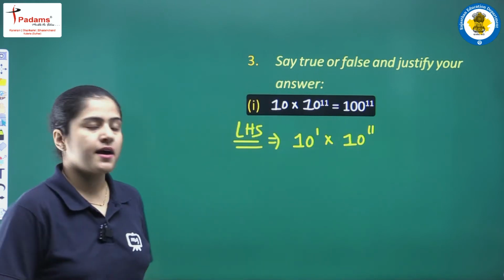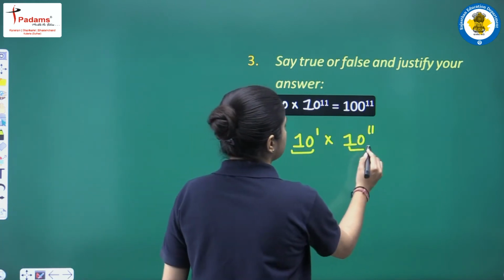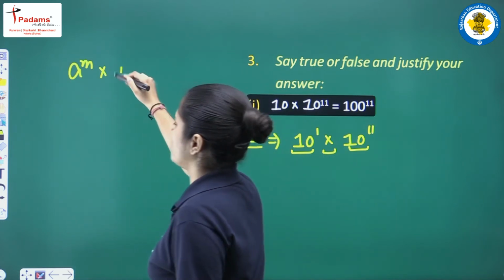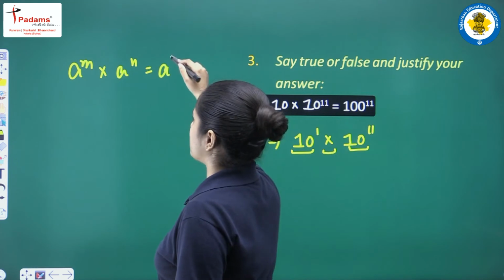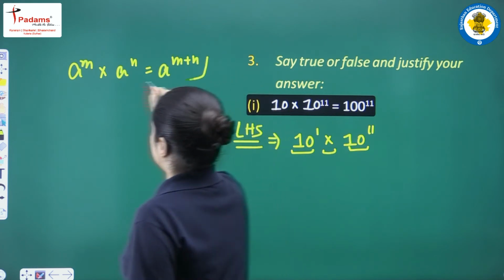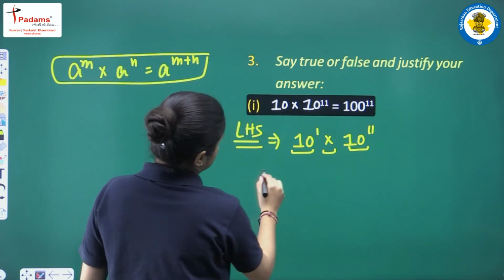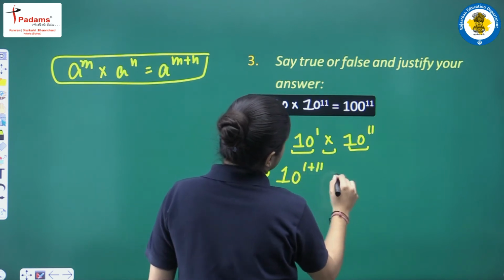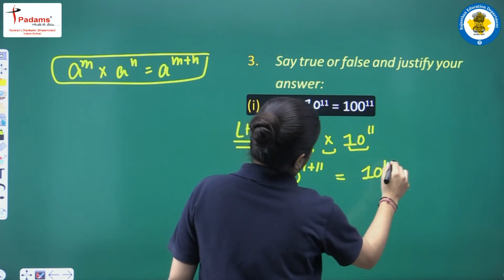Have a look students. When the base is same and multiplication is there, then the formula is used: a raised to power m into a raised to power n, that is equals to a raised to power m plus n. This is your law, okay? So this is equal to 10 raised to power 1 plus 11.